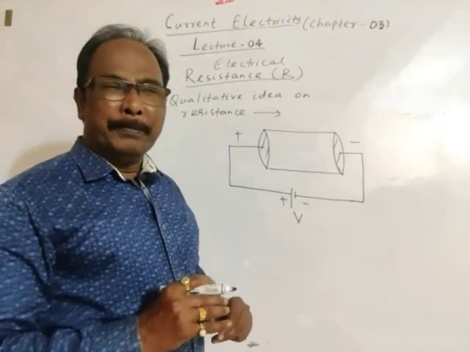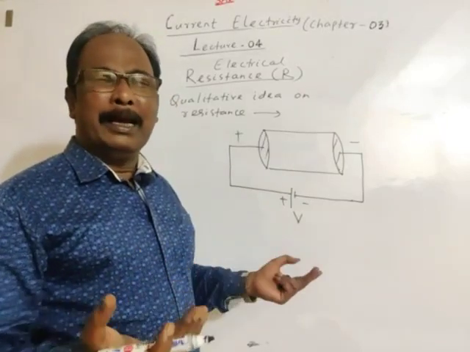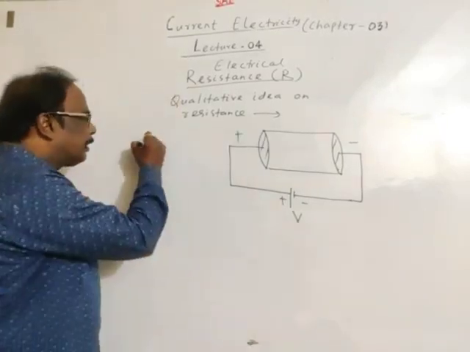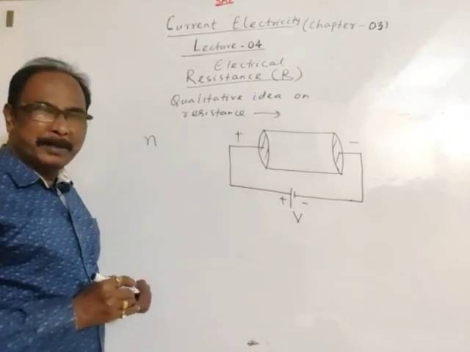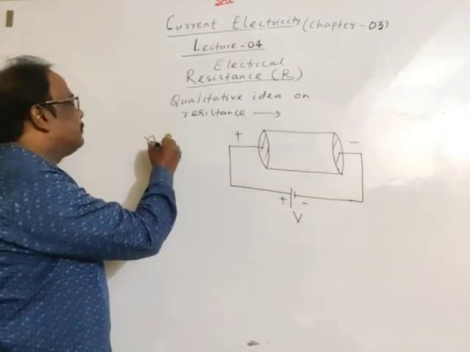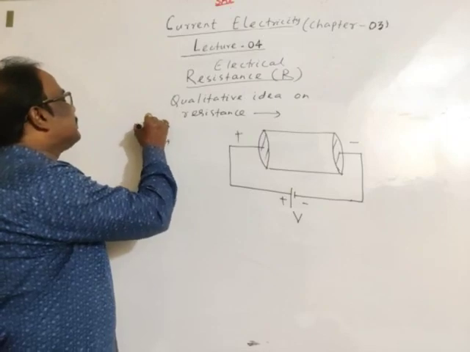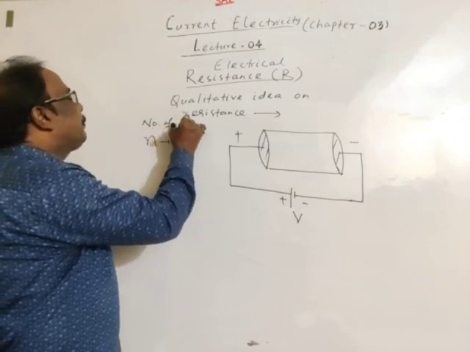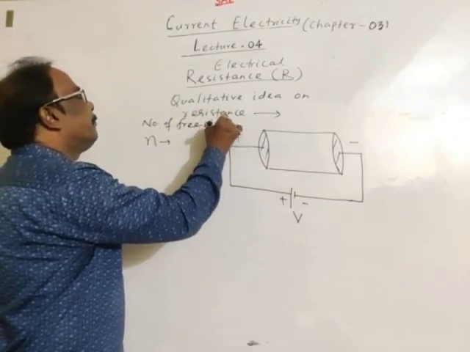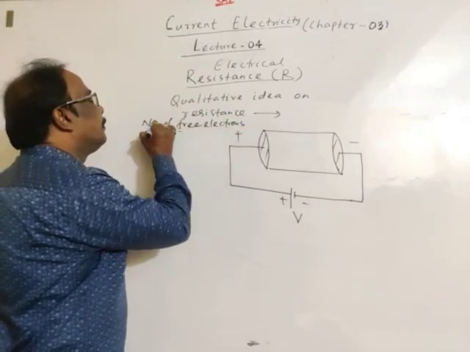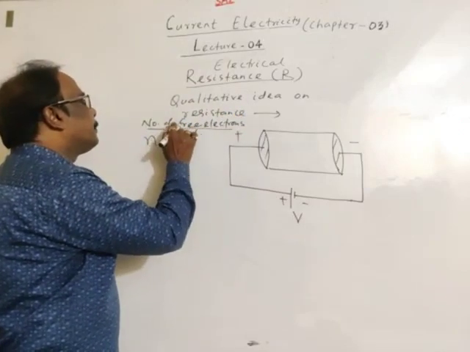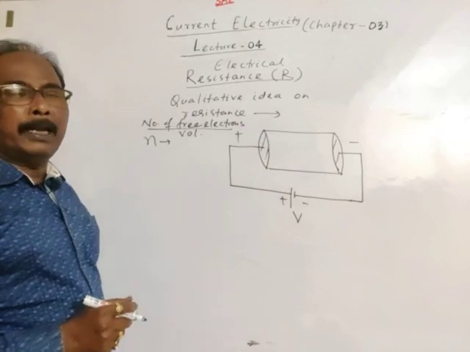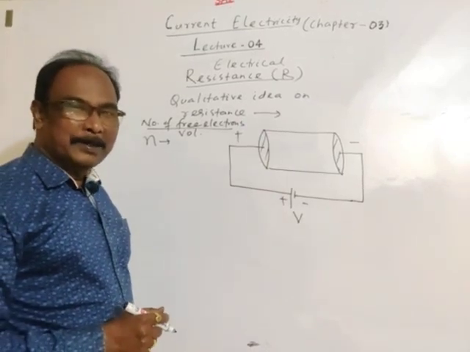As we know, in a good conductor there is a high number density of free electrons. N is the number of free electrons per unit volume of the substance.